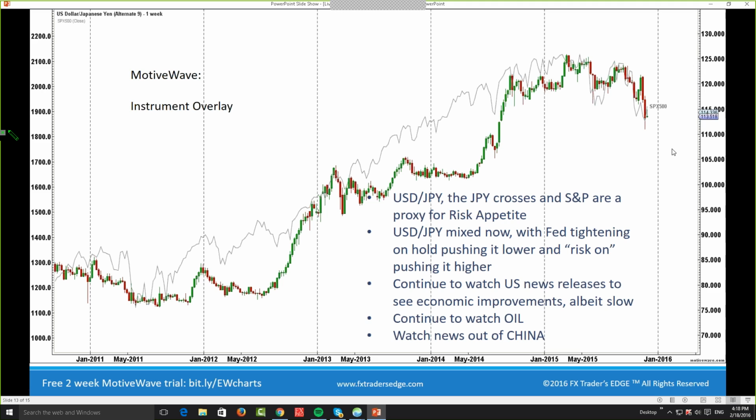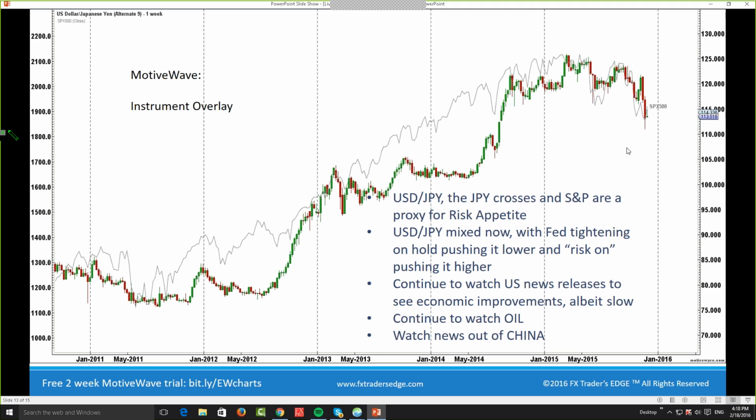Three waves are corrective. The start of the move that may or may not lead into a five-wave full trend reversal. So this shows that dollar yen and S&P are highly correlated.